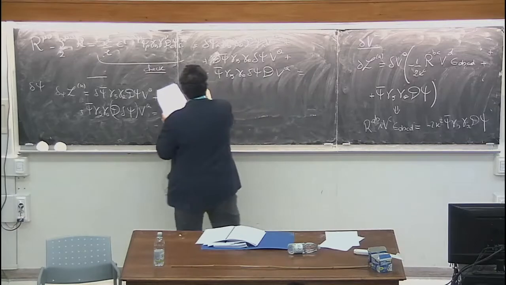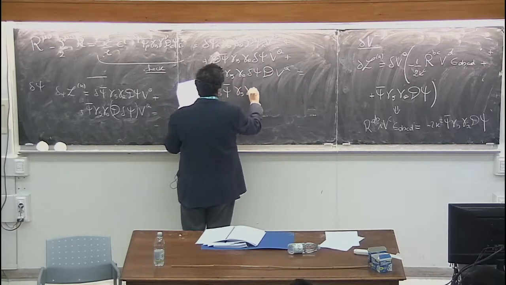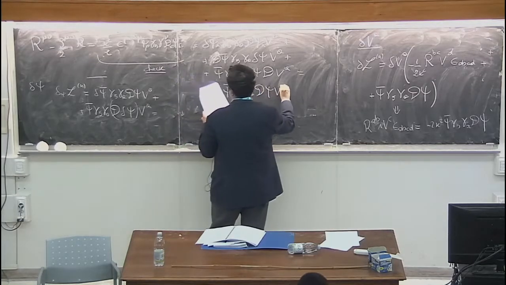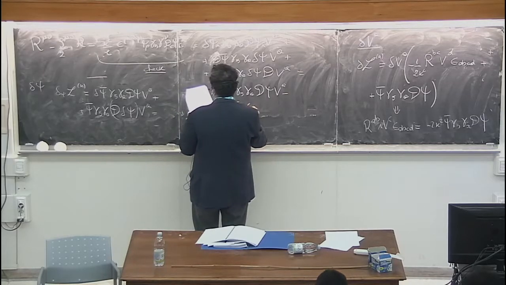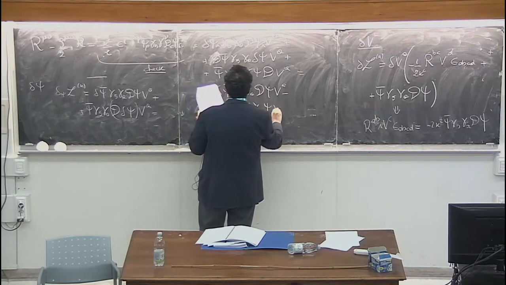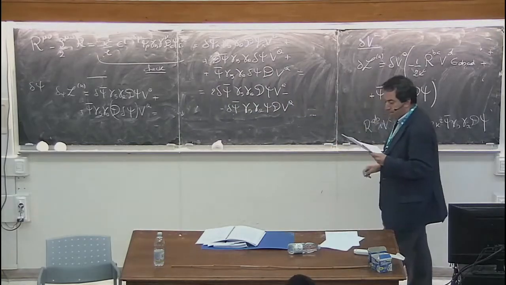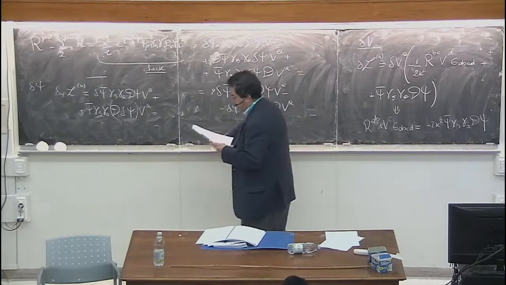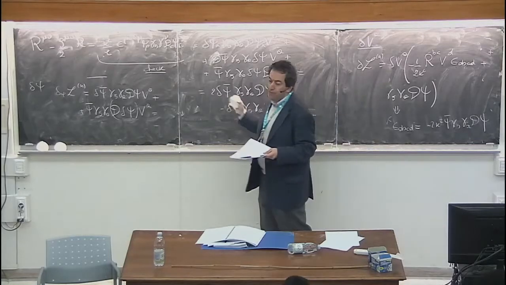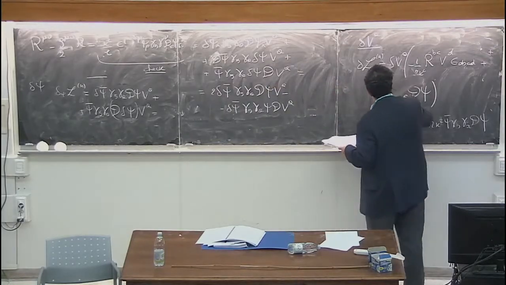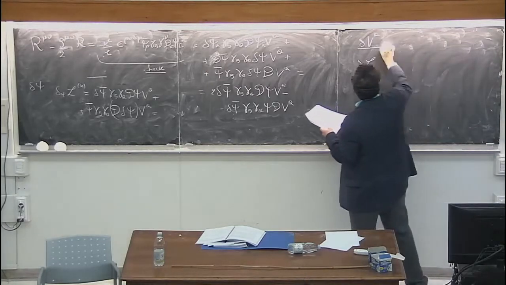Good. Then this equals twice delta psi bar gamma 5 gamma a d psi va minus delta psi bar gamma 5 gamma a psi dva. Now, delta psi on both terms is to the left. So we can simply drop it and write the field equation for psi.